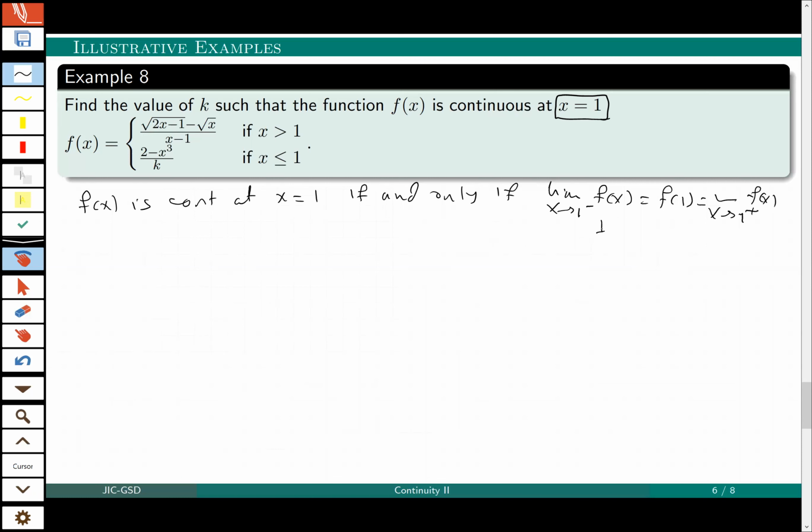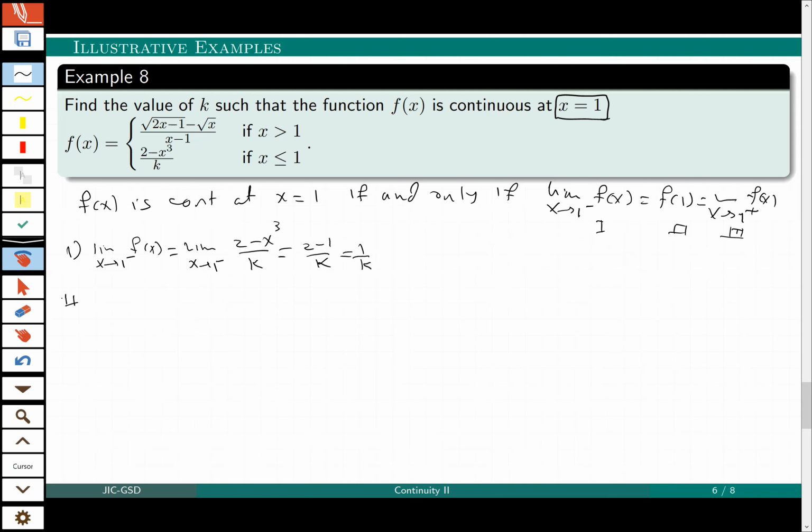So I have 3 parts, 1, 2, 3. The first one, the limit when x goes to 1 from left, meaning smaller than 1, is 2 minus x cubed over k. When you substitute 1, you will get 2 minus 1 over k, which is 1 over k.